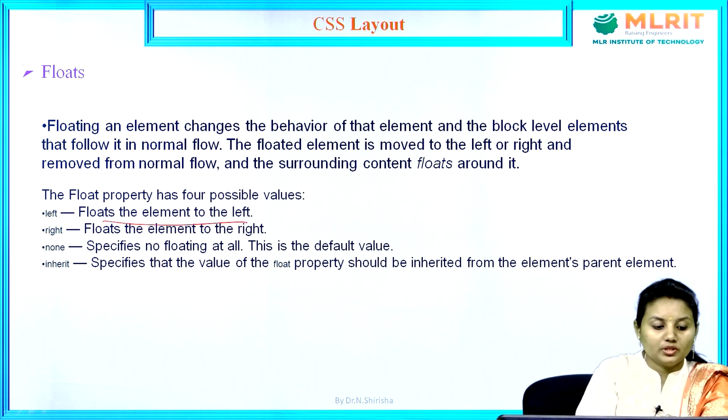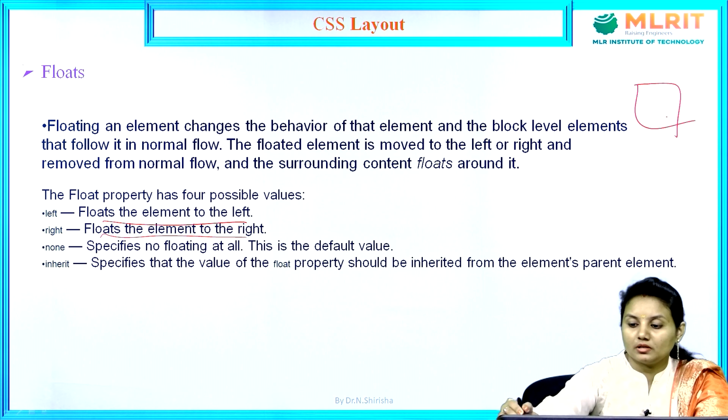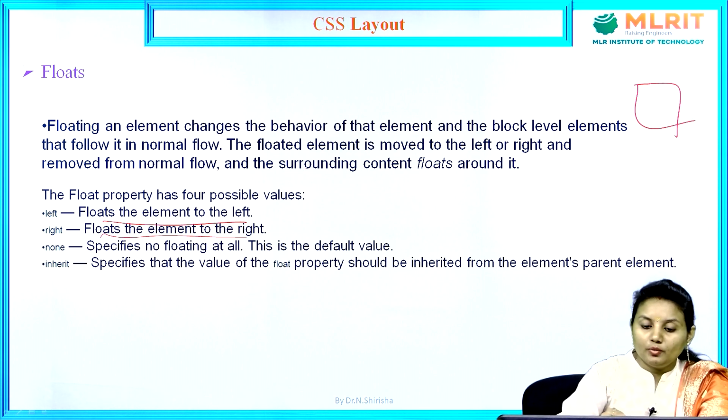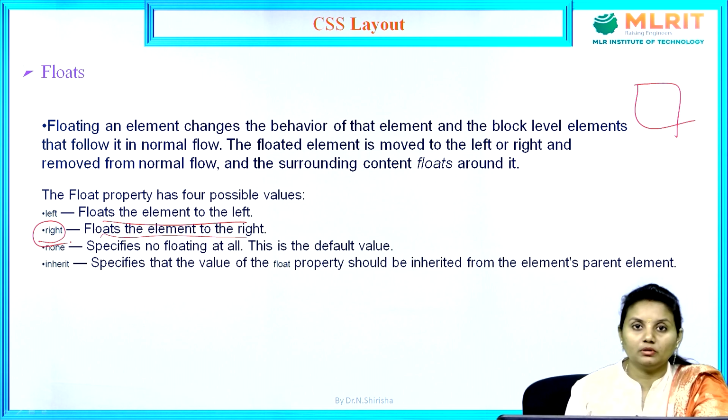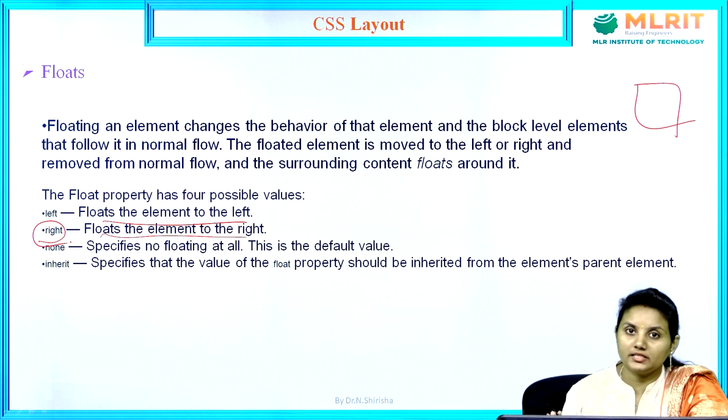Float left floats the element to the left, and right floats the element towards the right. Suppose you want an image here, then putting align equals right is also okay. But in CSS you have float towards the right, and none means no floating. This is the default value. If you assign left or right, it will take effect, otherwise none will be assigned.